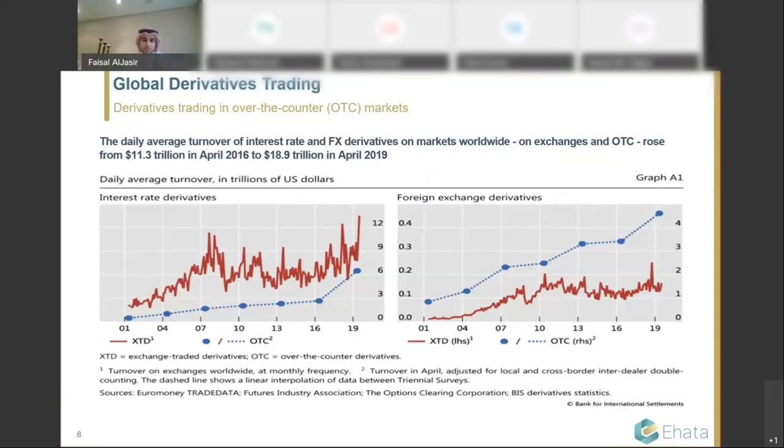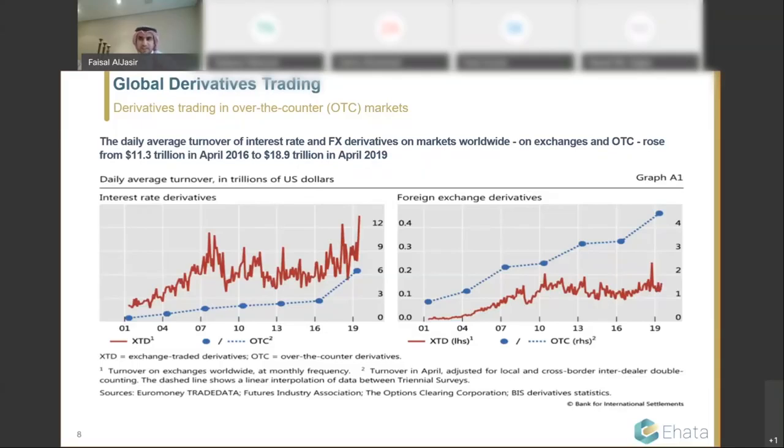Just a number to throw in here, as of June 2018, interest rate derivatives constituted around 84% of the gross notional value of the OTC market. And again, in the OTC market, interest rate derivatives are more long-term, customized, and basically swap transactions. So they constitute most of the transactions in the OTC.